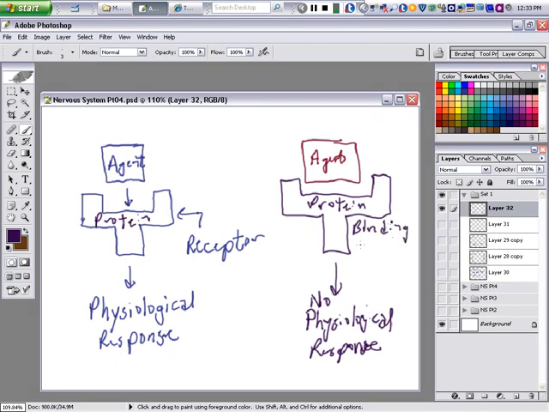It's not a receptor, just a binding protein.